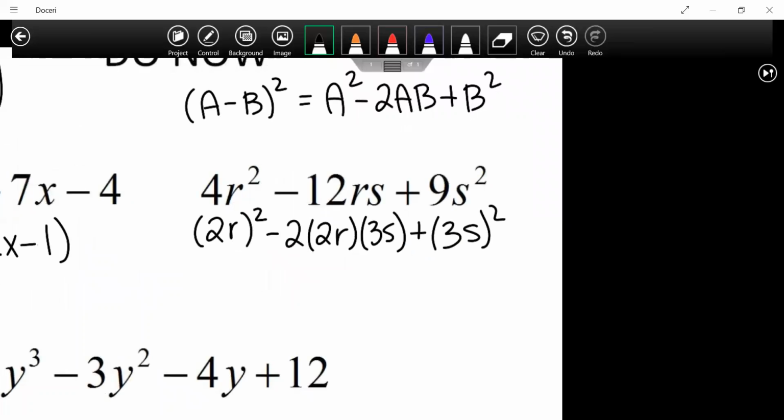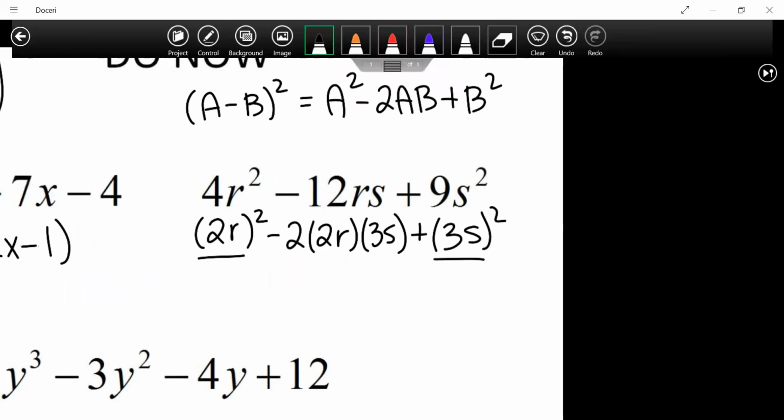I know that my a is going to be my 2r, my b is going to be my 3s. So I know that the factored terms of this will be 2r minus 3s squared. Did anyone find a different way of doing it? Oh, it's kind of tricky.